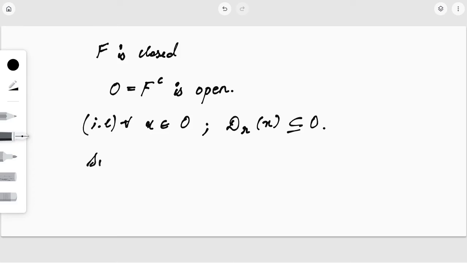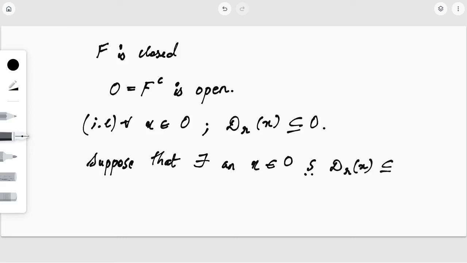So suppose that there exists an x belongs to O such that the open ball is not contained in O. That is, this open ball containing x with radius r is not wholly contained in O. Then what can we do?